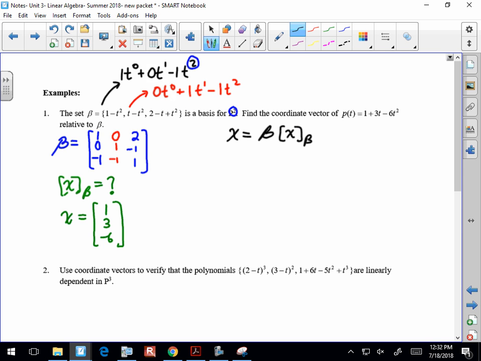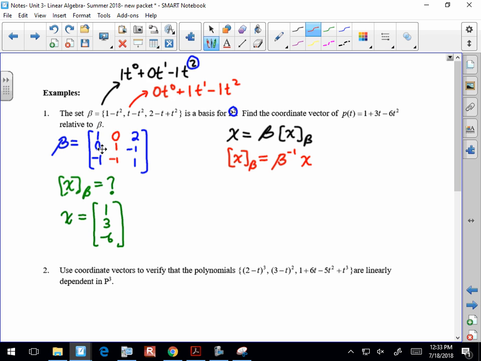All right. And if you want to manipulate the general form, because we've been doing this every time, x sub beta is equal to the inverse of beta times x.